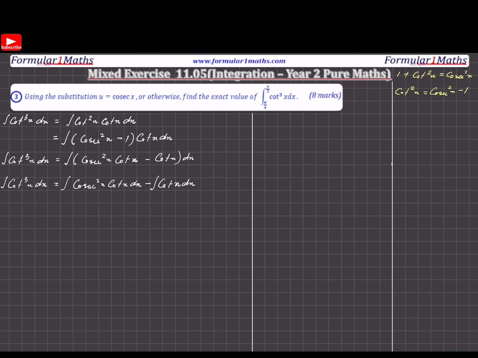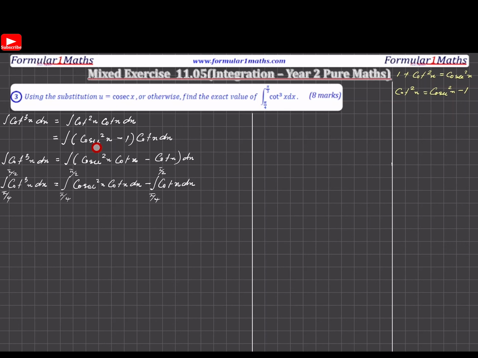Then I can put my limits in as follows. So we have pi over 4 here and pi over 2 here. So pi over 4, pi over 2, pi over 4, pi over 2.